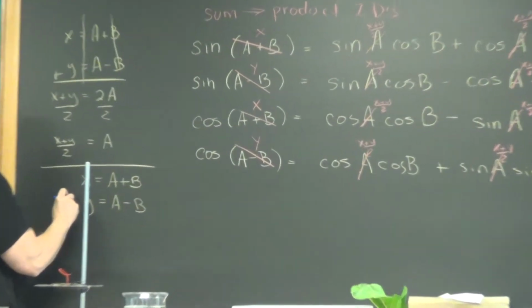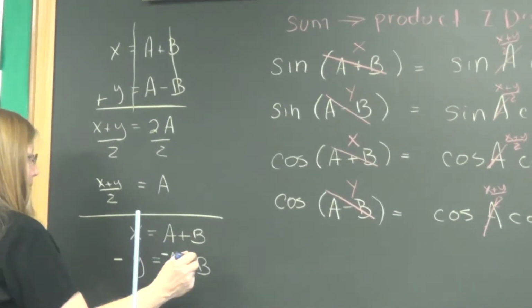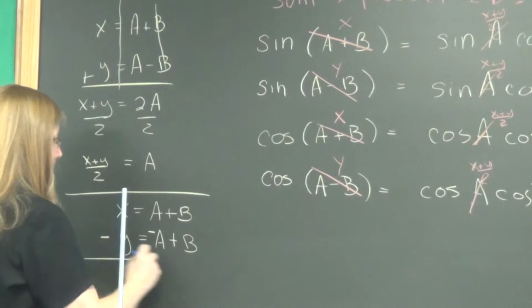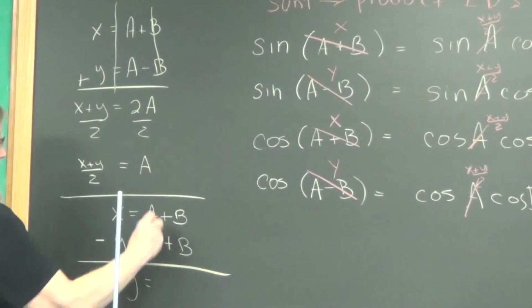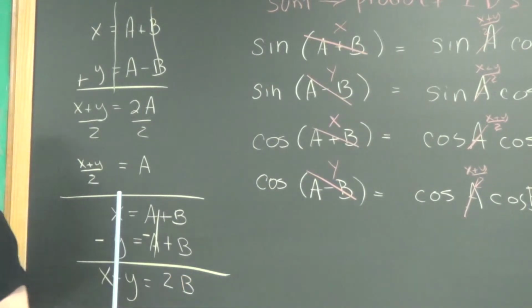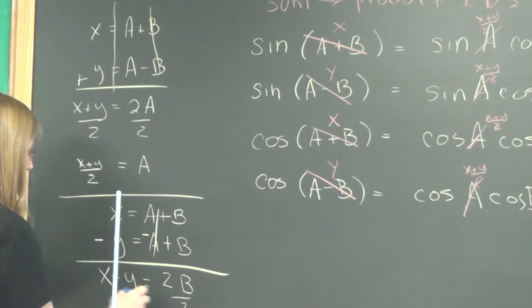I'll multiply the bottom one by a negative. So negative Y, negative A, positive B. Now I can add those. X plus Y, the A's cancel and I get 2B, divide by 2.